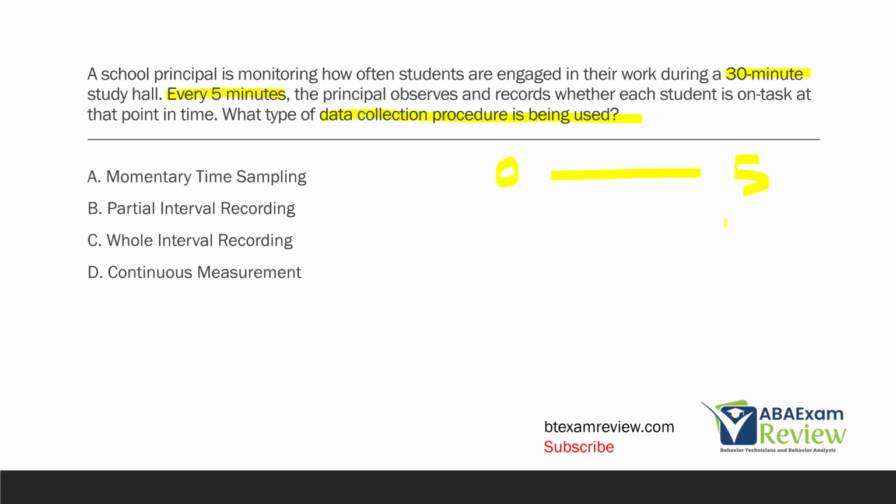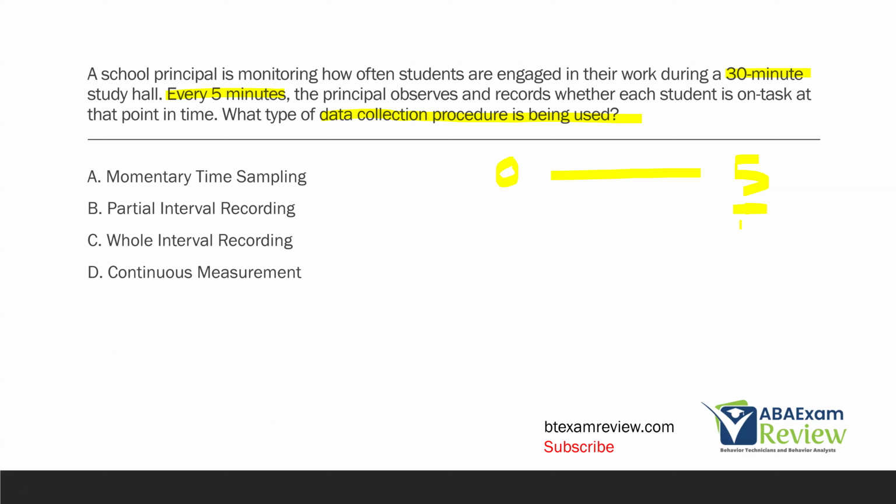And when we're dealing with interval recording, what type of interval recording or time sampling are we using when we record at the end of each interval? This principal is looking at whether each student is on task at 5 minutes. So an interval goes by, and at 5 minutes, the principal is taking data. Well, that'll be momentary time sampling.